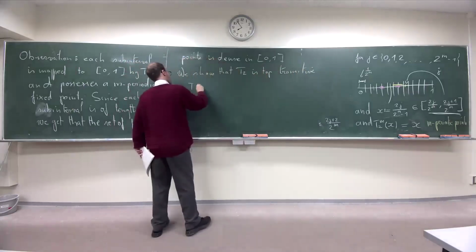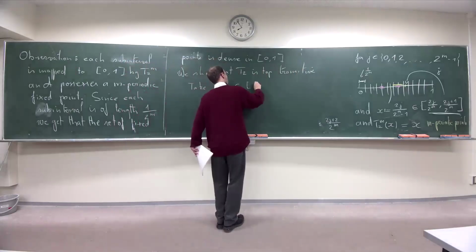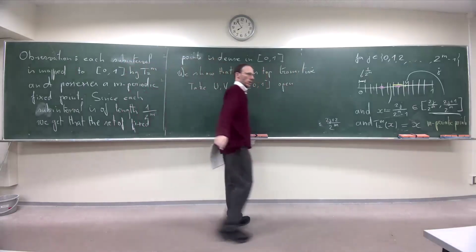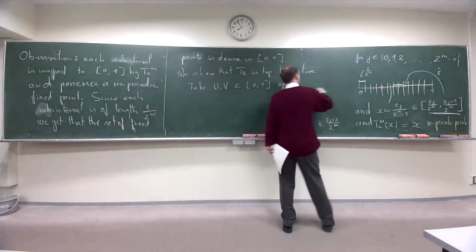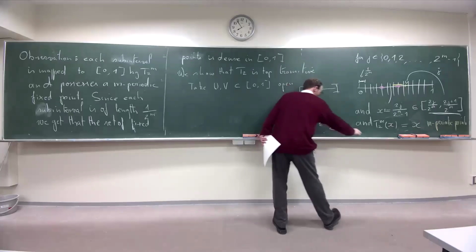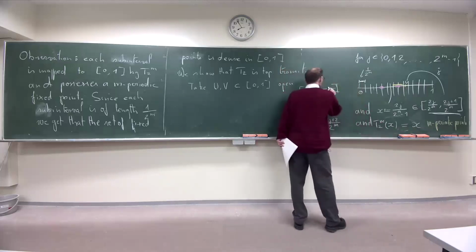So take U and V inside 0, 1, open. Okay. So let me take again 0, 1. It doesn't need to be an interval, but for simplicity, I take an interval. But any open set.